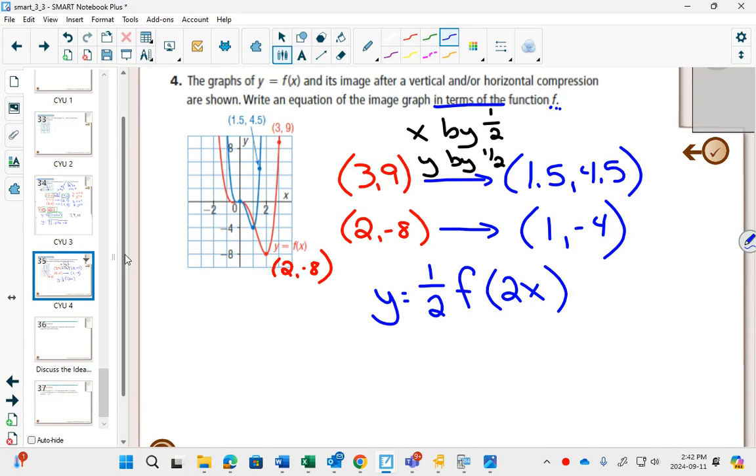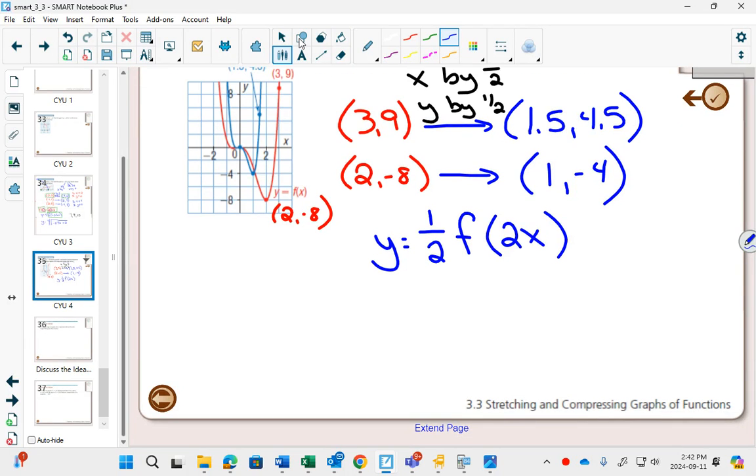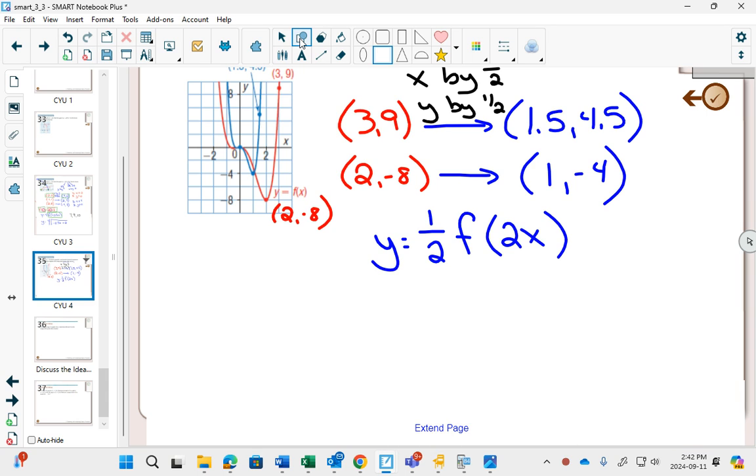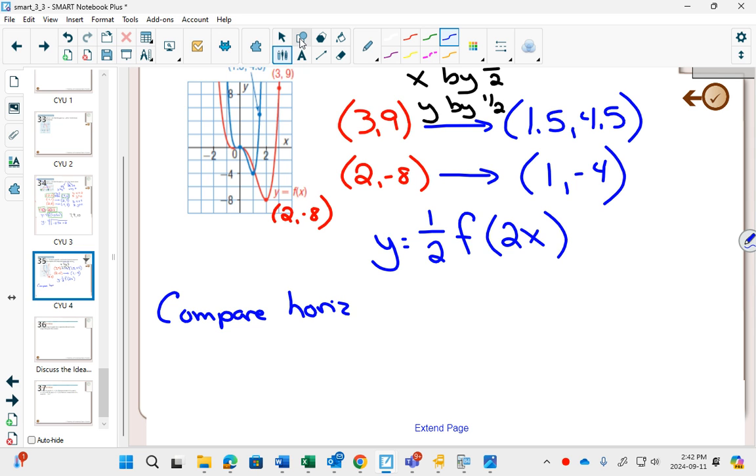When we get to more complicated ones, this will be the strategy that we'll use. This will come into play when we're going to do more things. We're going to compress it and then move it. And if you compress it and move it, you will not be able to immediately just see what happened because too much math has happened.